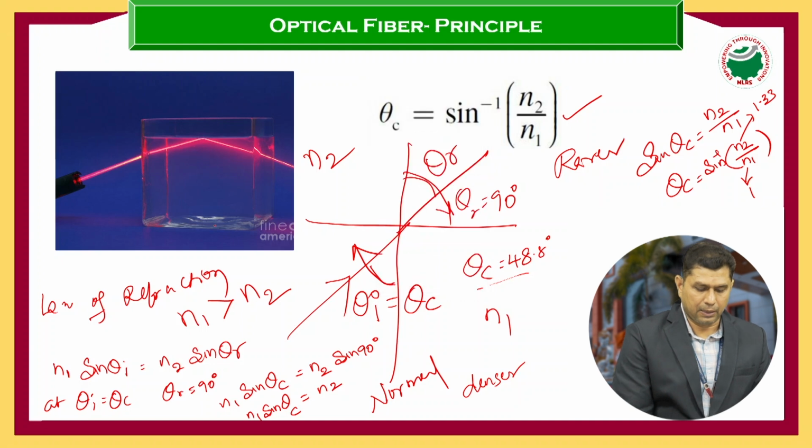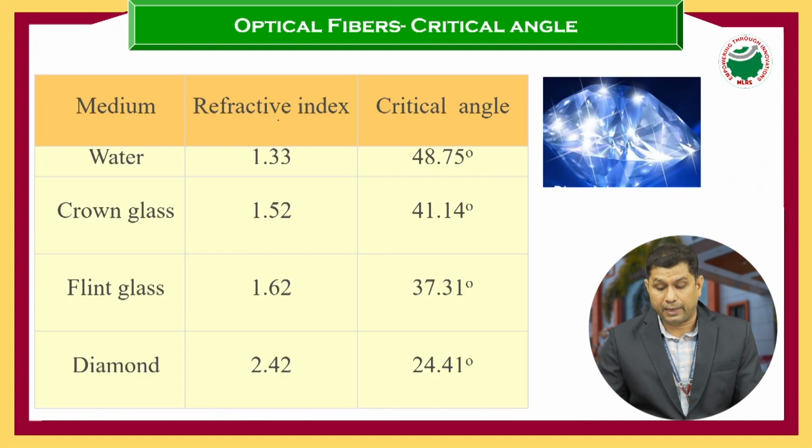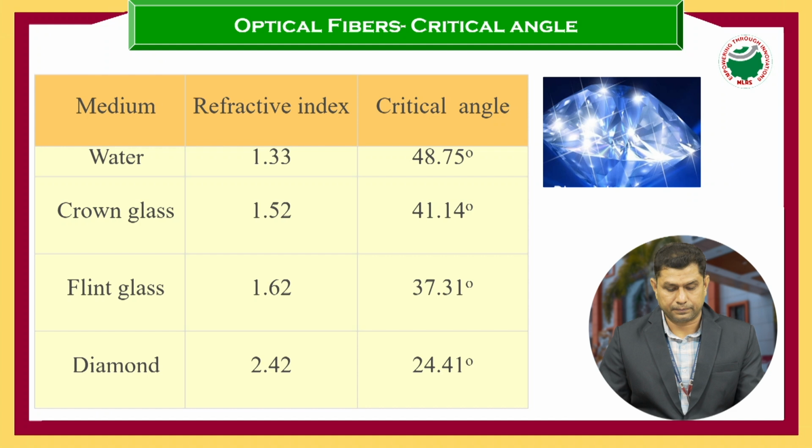Simply, here you draw, automatically this angle is more than the critical angle, meaning 48.8, that's why the incident light is completely reflected back. This is the vacuum or air and this is water. You can observe that. That is the basic principle of the optical fiber.